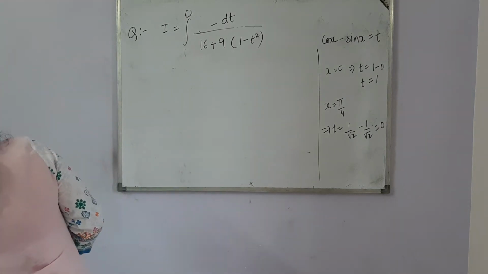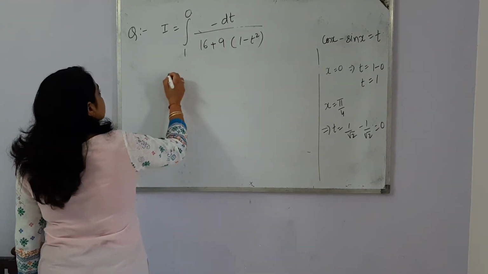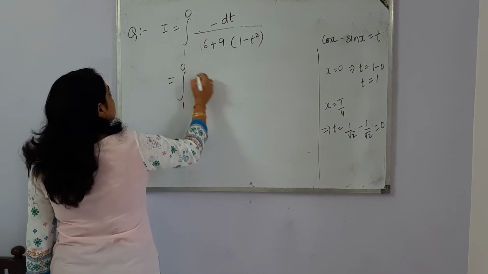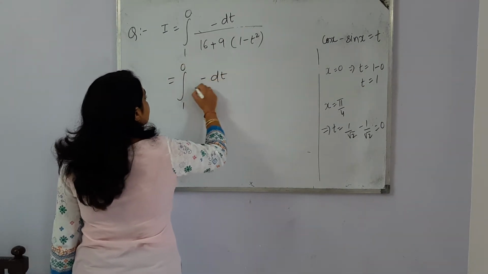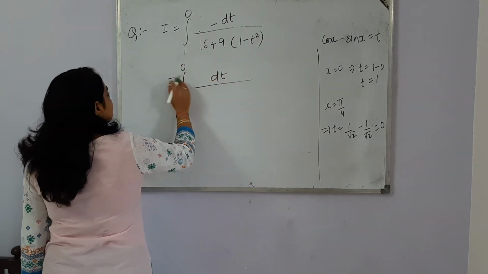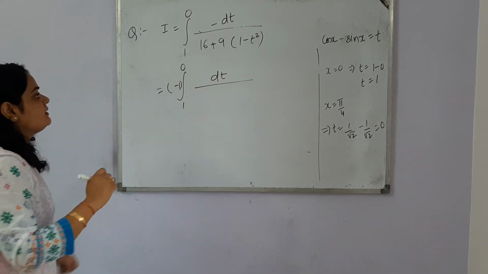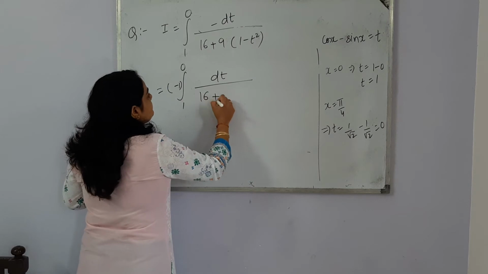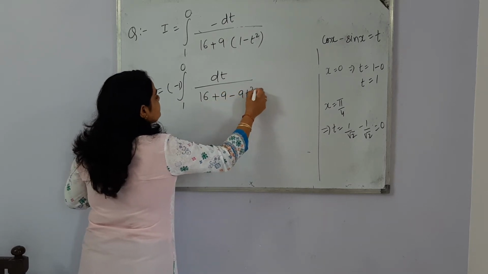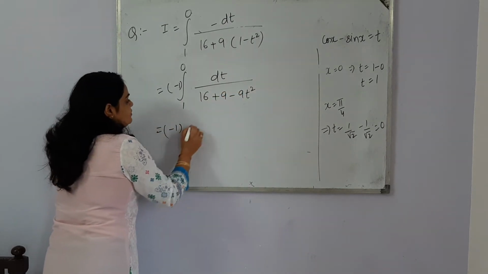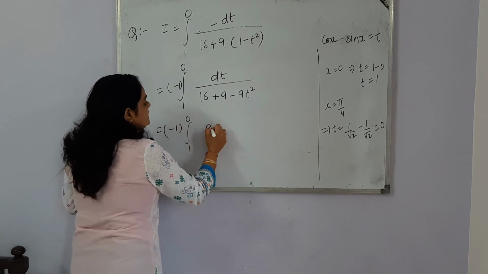Now we are going to solve it out. The limits are 1 to 0 minus dt. Can I take this negative sign out, because this negative sign is constant minus 1. So 16 plus 9 minus 9t square, minus 1 out, now 1 to 0 dt.